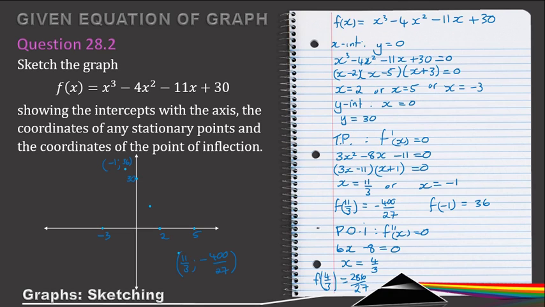Right, so if I plot that, we have this point over here, and this is then 4 over 3 and 286 over 27. Right, and then finally for the shape of the graph, we can see that it is a positive a value, meaning it would end positive. So if I follow through on the points, then the graph would look something like that.